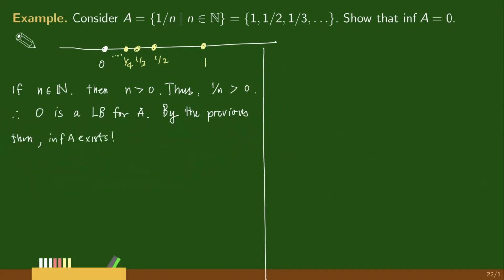Now, if the infimum exists, you can give it a name. So, let's say alpha. It deserves a name because it exists. Existing means it is a real number. Okay? That is our jargon for a real number, meaning something that exists, because the real numbers are our domain of discourse. Okay? So, let alpha be the infimum of A.